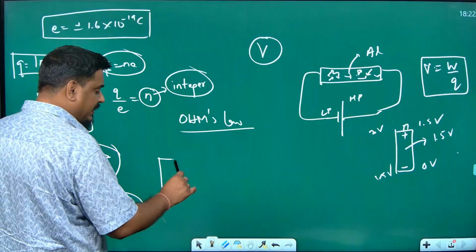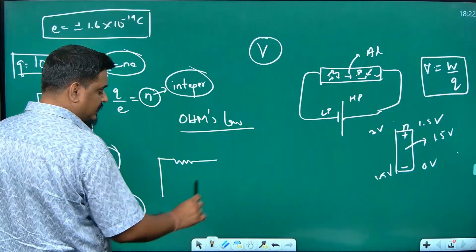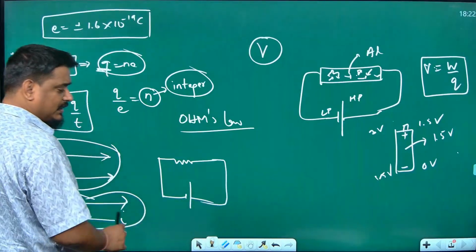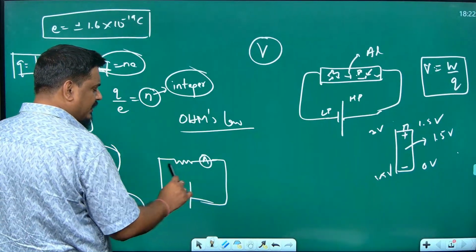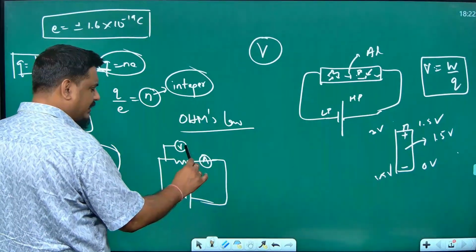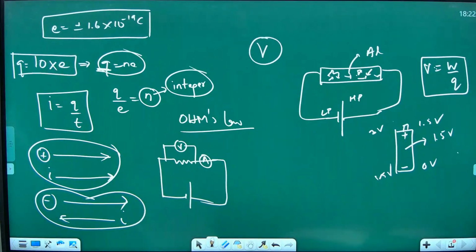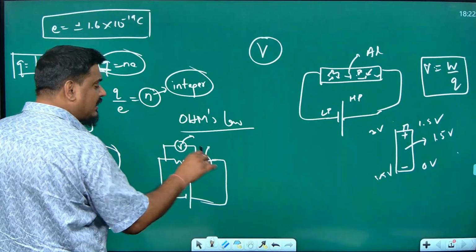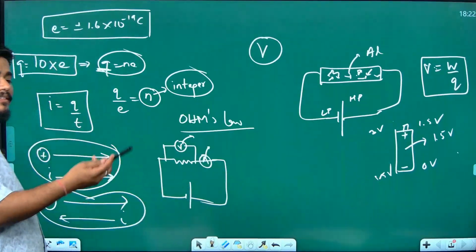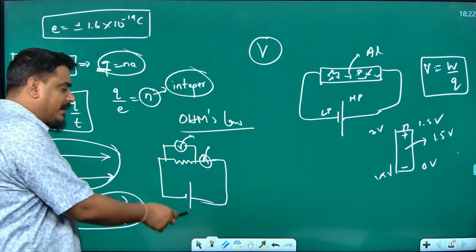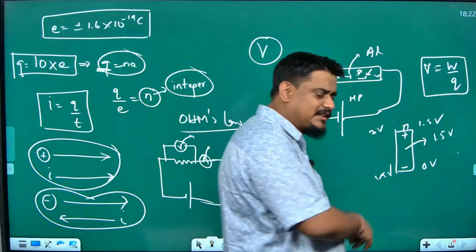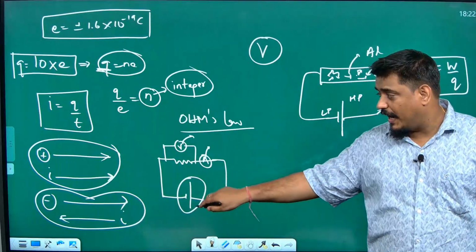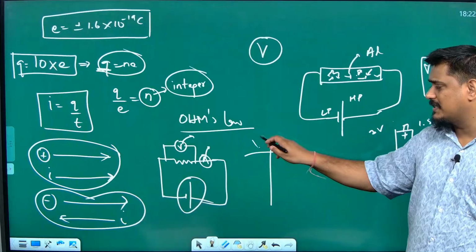In that experiment he connected a circuit like this, he connected an ammeter here, he connected a voltmeter here, and then he tried to measure the values of potential difference and current for different batteries. 1.5 volt battery, 2.5 volt battery, 5 volt battery, 6 volt battery, 9 volt battery, 10 volt battery, different batteries he put here, and he checked what is the value of V and what is the value of I.